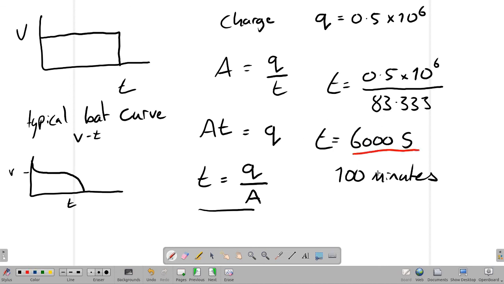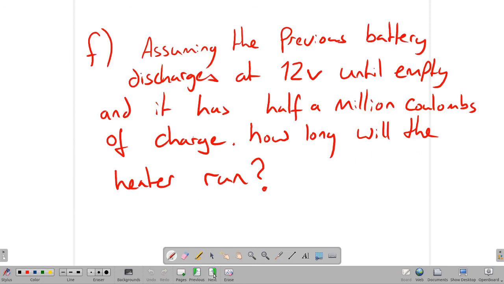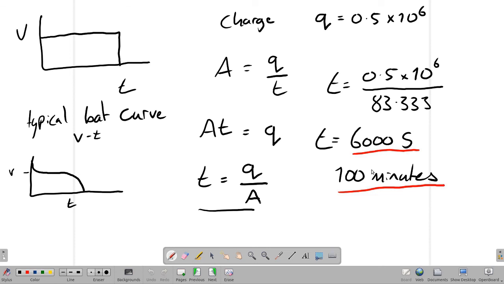So here's our answer. By knowing the charge on the battery, we can work out how long it'll drive this heater. Okay, so that's the answers to all the questions. Thank you very much.